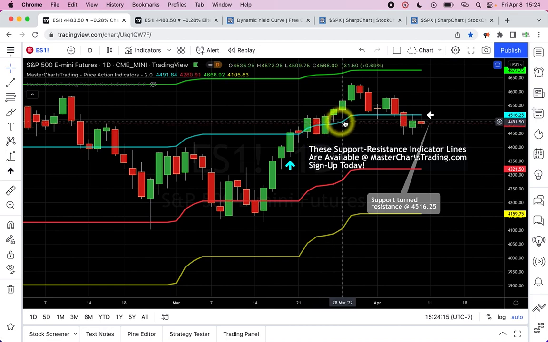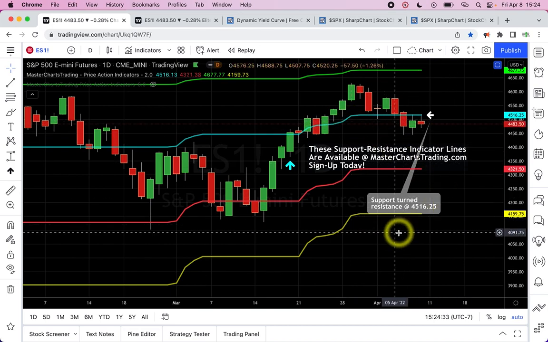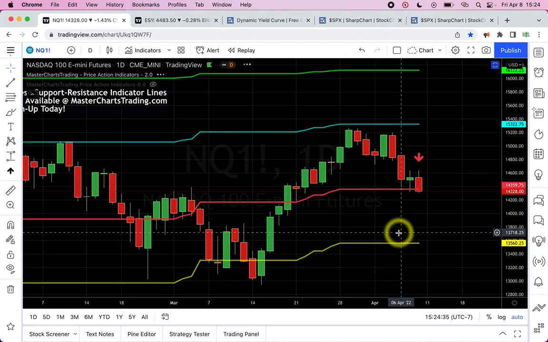So as of this instant, I still think that S&P 500 is in an uptrend, and that's where I am right now. But there are many other indications pointing to a potential reversal to the downside, especially weakness in NASDAQ.